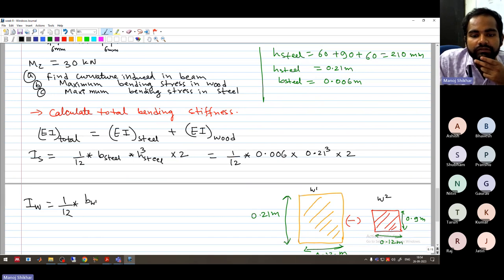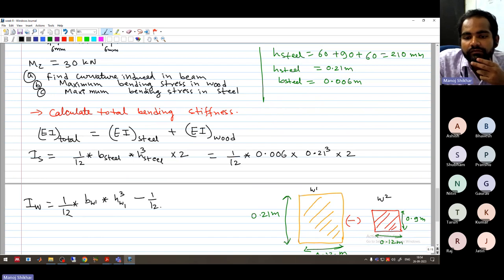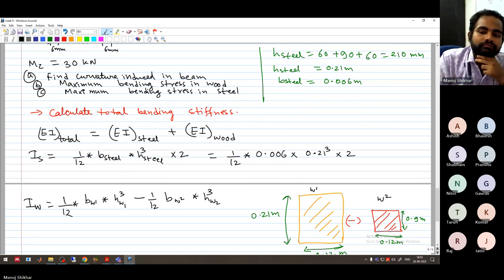So BW1 into HW1 cube minus 1 by 12 into BW2 into HW2 cube.